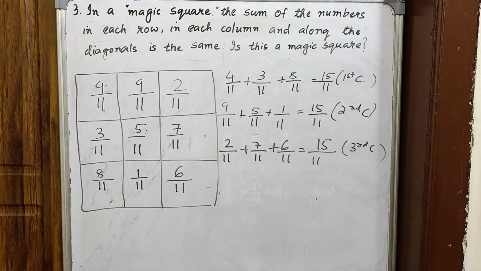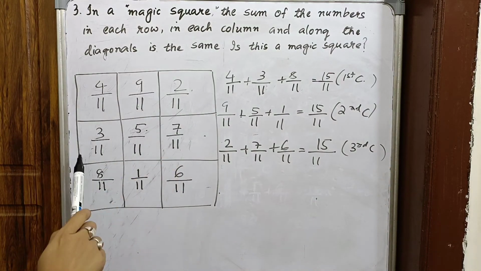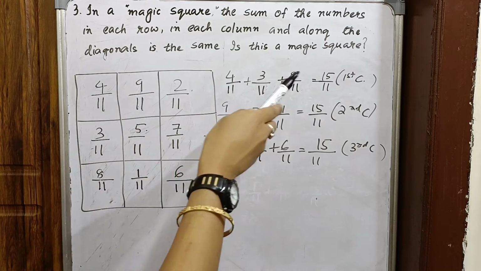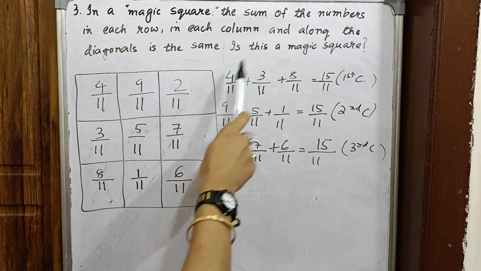So we can see that in the first row, second row, third row, first column, second column and third column, the sum of the numbers is equal. So we can say that it is a magic square.